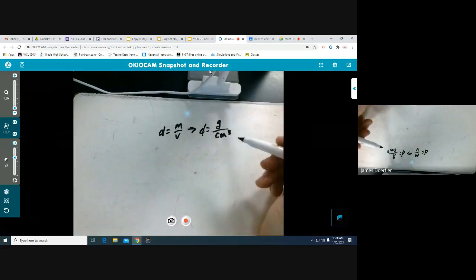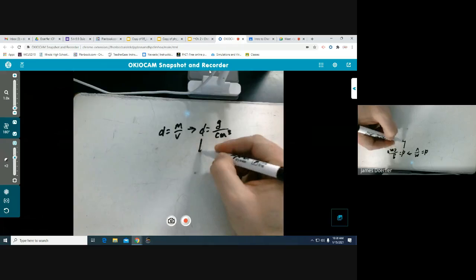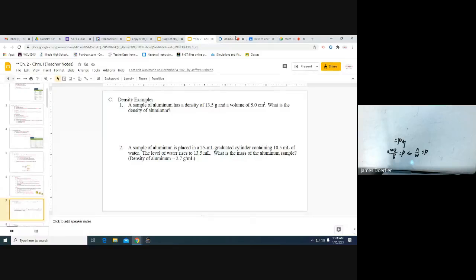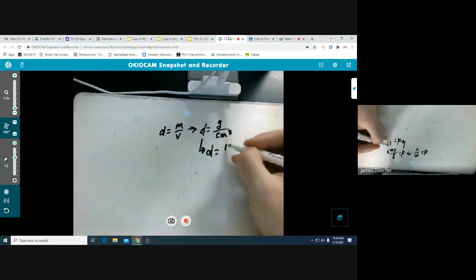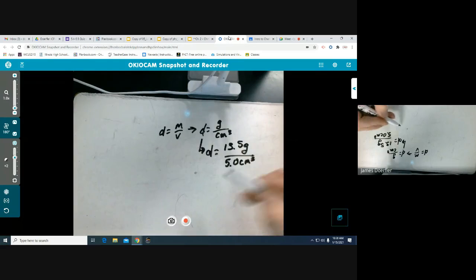So all we simply have to do, we don't have to rearrange anything for this. We just have to plug in our numbers. So density is equal to, I've already forgotten what the mass was, 13.5 grams. And the volume, I believe, was 5.0 cubic centimeters.